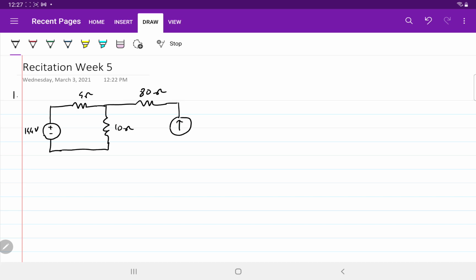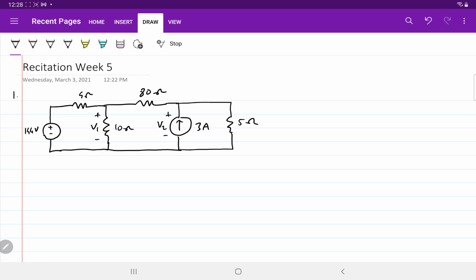We have a current source of 3 amps, and the last resistor of 5 ohm. The question here is simple: find the voltages V1, V2.